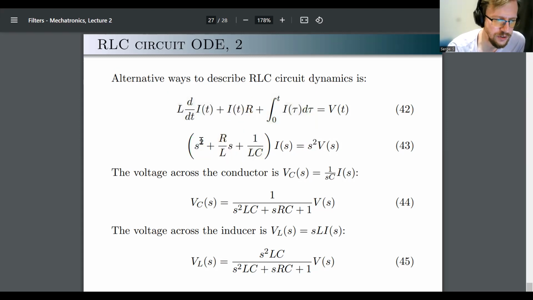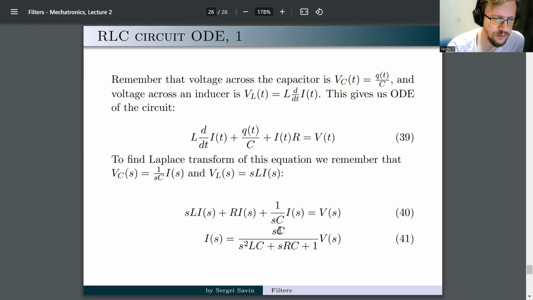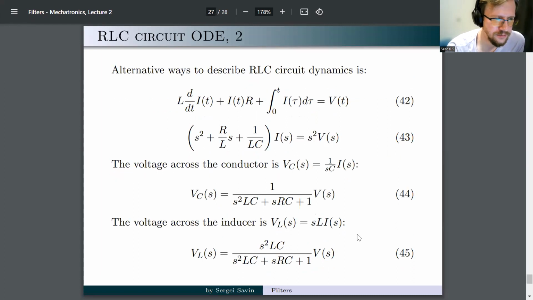Let us look at the final transfer function. Here is how it looks for the current, right? One. I also want to double check those things. It is a little bit worrisome. It should be correct. I think this should be correct.